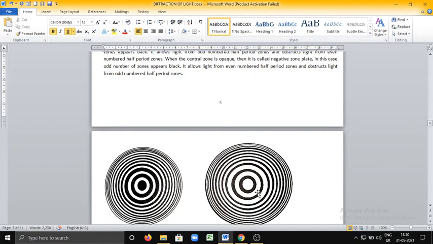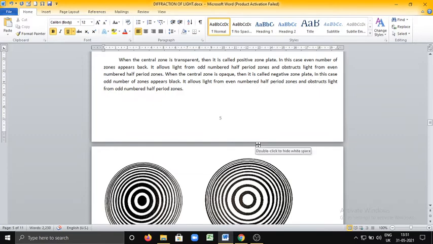They do not allow light to pass through. That is why we say it is a special type of diffracting screen which allows light only through alternate or period zones. It allows light only through the odd number of zones in the case of a positive zone plate. If asked to distinguish between a positive and a negative zone plate, you have to mention these points.